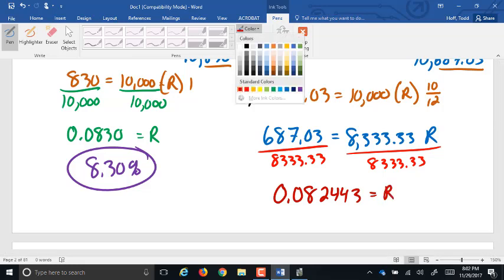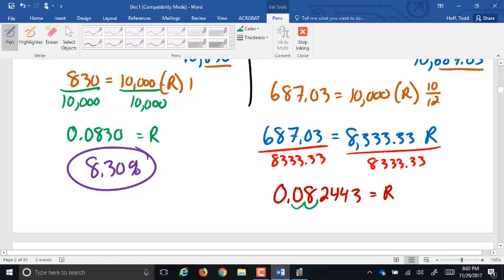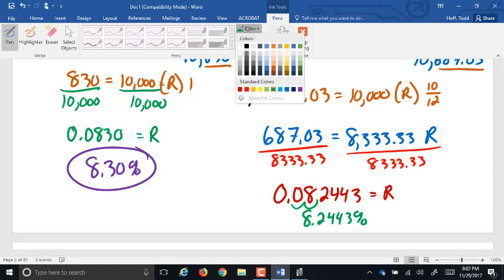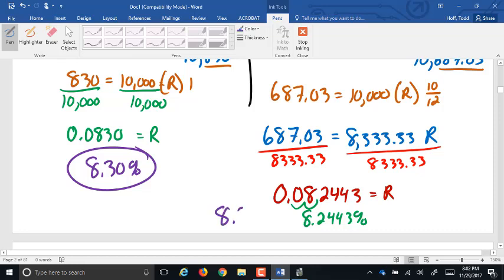So we move our decimal point 2 spots. That's 8.2443%, or 8.24%. It is slightly lower than the other one because it only went for 10 months instead of the full year.